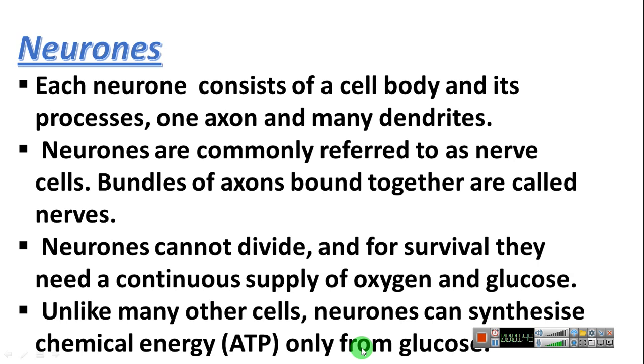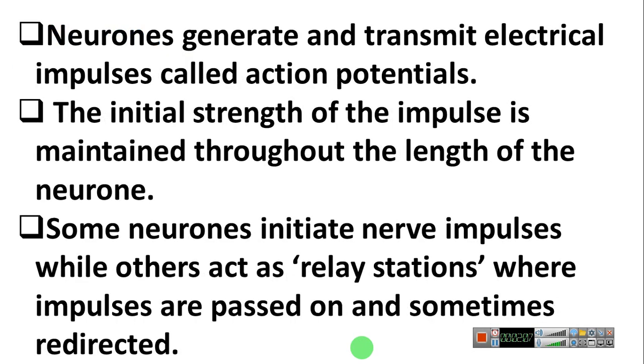For the function of a nerve cell or neuron, it needs a continuous supply of oxygen, glucose and energy provided by ATP. Neurons generate and transmit electrical impulses called action potentials. When a nerve impulse goes through a neuron, it is due to transmission of an electrical impulse.